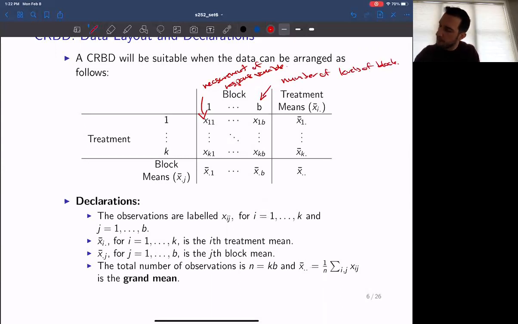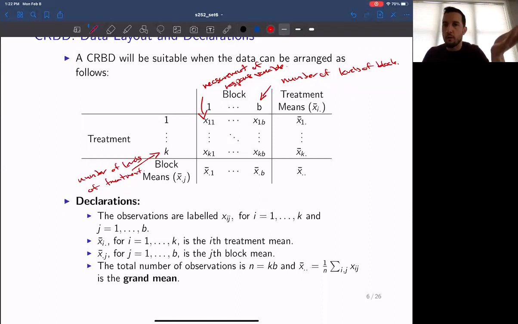And then we let little k count, same as it did before, the number of levels of treatment. So X subscript 11, in this case, would correspond to treatment 1, block 1.